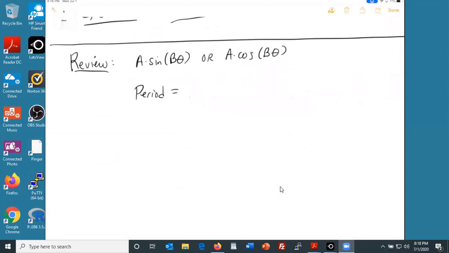So yesterday, when we were talking about graphs of trig functions, we were talking about their periods. And remember that the period is defined, for sine and cosine at least, as 2 pi divided by the b value.